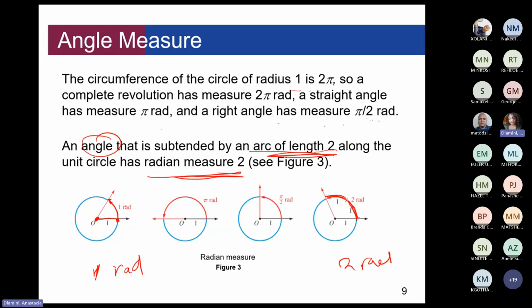So you fitted 2 radii in that arc. Yes, 2 arrows of 1 rad. It's like 2 times the 1 rad measure. Yes.